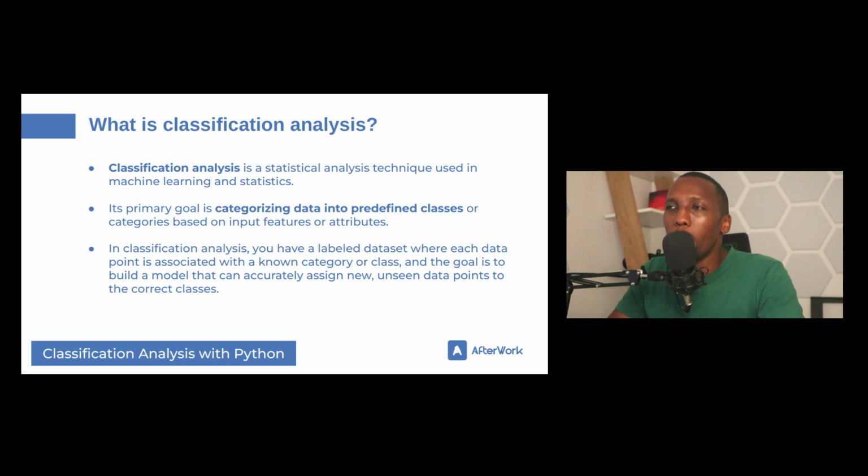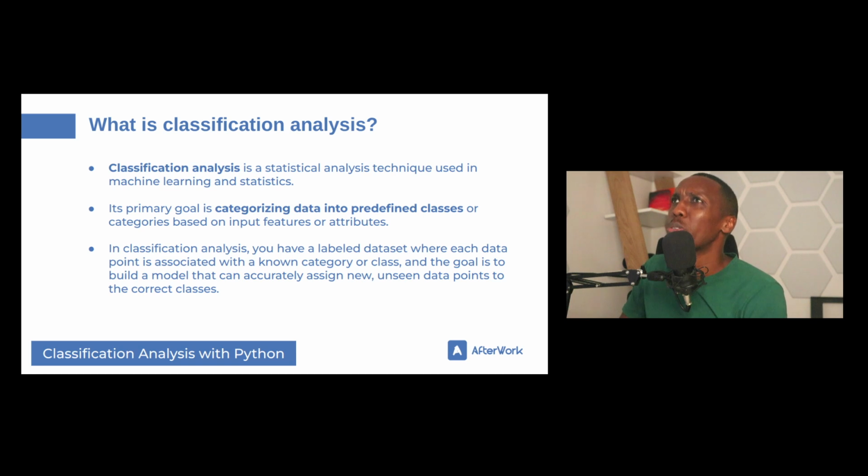So generally, classification analysis just involves categorizing data into what are called predefined classes based on some independent variables, or what we call input features or attributes. The independent variables in a data set would be those features or attributes. In a classification analysis situation, we would normally have a data set which has a variable of interest that is categorical in nature.